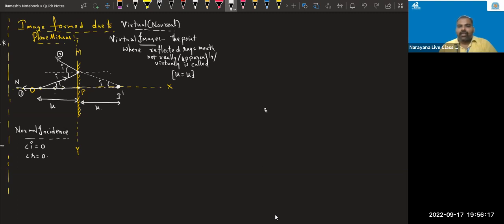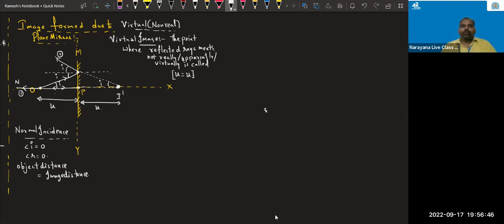So the left triangle and right triangle, both are the same, congruent triangles, no? So I can write one statement: object distance is equal to how much? Very important point: object distance equals image distance. And also the height of the object is equal to how much? Height of the image. Why?